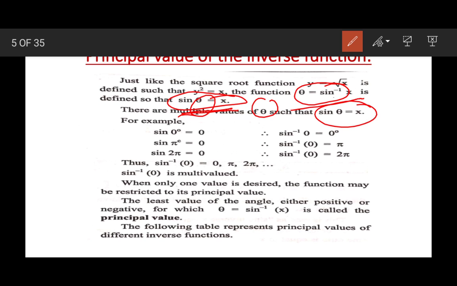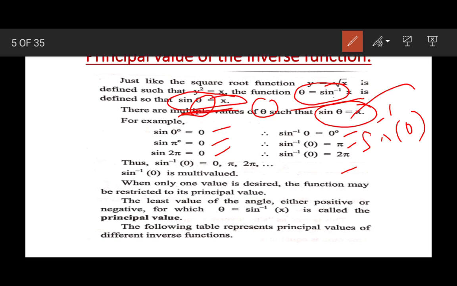If sine theta is equal to x, then we know that sine 0 degree is 0. Sine 180 degree is also 0. Sine 360 degree is also 0. Right? So that means if it is given as sine inverse 0, then we don't know whether it is 0 degree or 180 degree or 360 degree, because sine 0 degree is 0, sine 180 degree is also 0, and sine 360 degree is also 0.